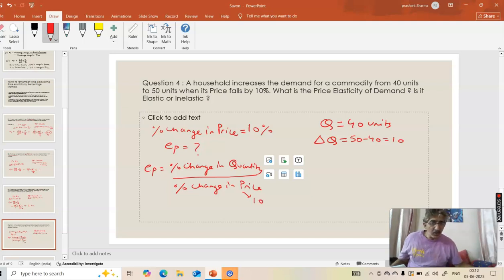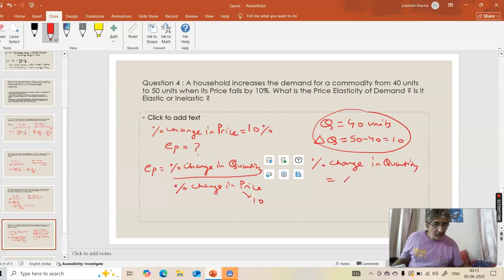Now percentage change in quantity, from here you can calculate. Basic maths. Percentage change in quantity will be change in quantity upon original quantity into 100, children. So 10 is the change in quantity, original quantity is 40, into 100. 0 gets cancelled, 4 25s is 100.